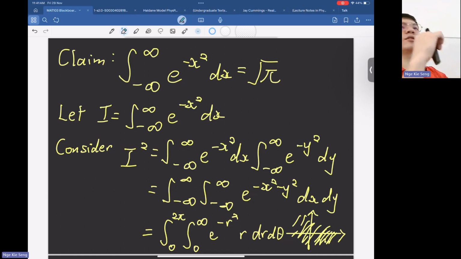You can use Z also. X is one direction, Y is the other direction. It's not necessary to be horizontal. Y is something that you create.